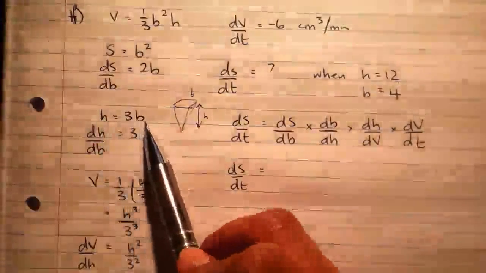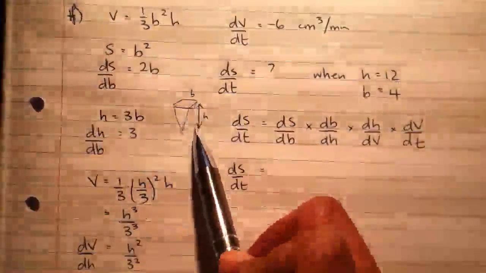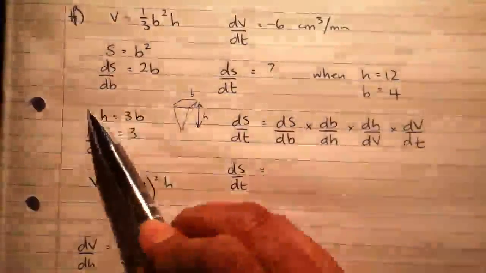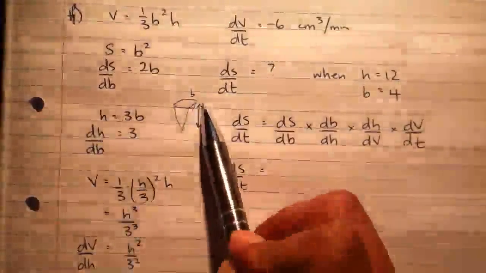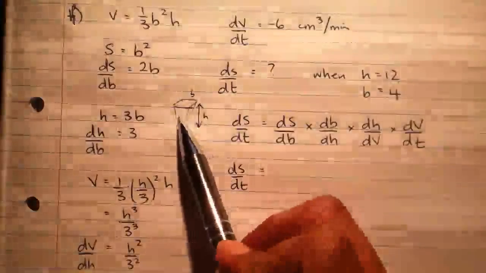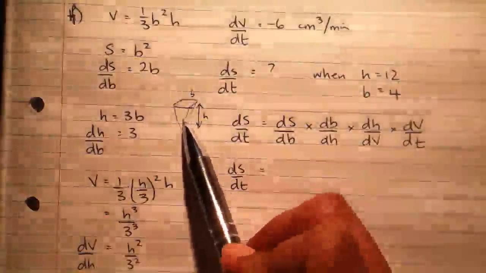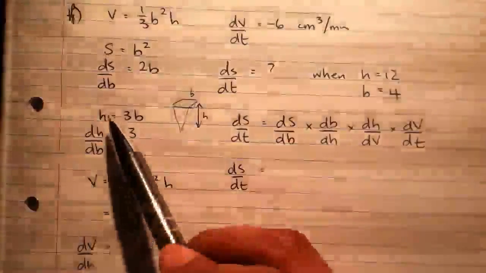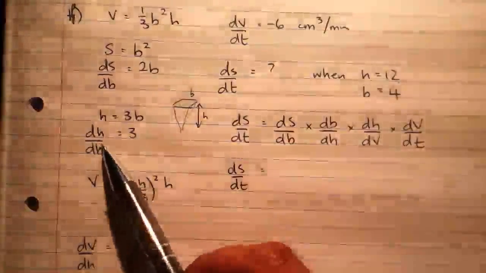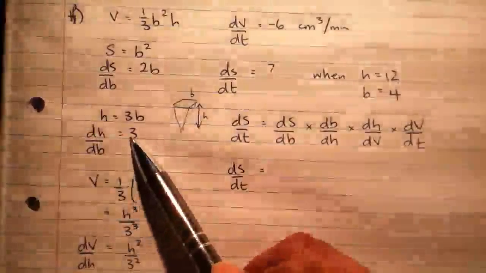This relationship between the base and the height is going to be a crucial one. Whatever the base happens to be, the height will be 3 times that base. So now we've got H is 3B, and we can differentiate that as well. dH/dB is just 3.